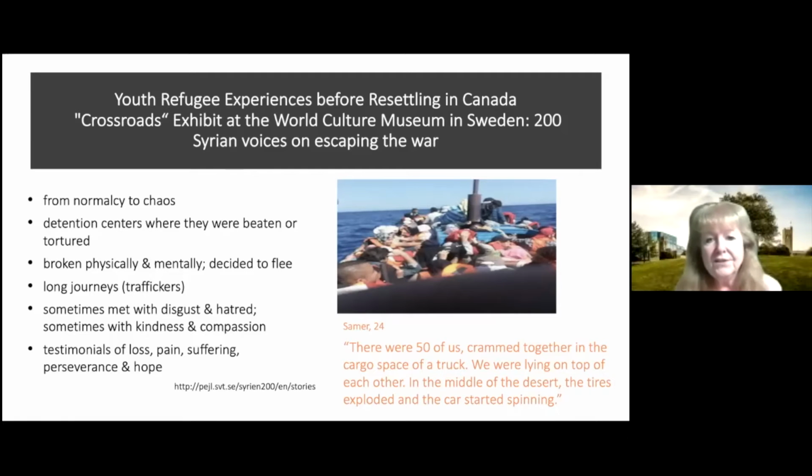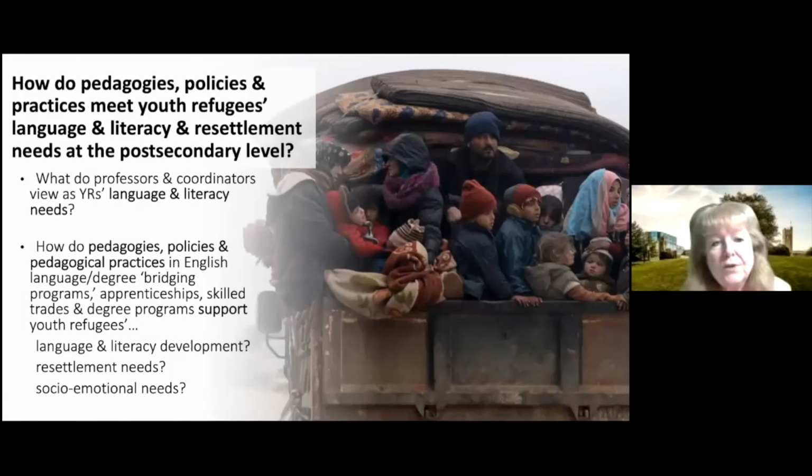And on the next slide, the focus of our study is on how pedagogies, policies, and practices meet youth refugees' language and literacy and resettlement needs at the post-secondary level. So phase one of the study looks at what professors and disciplinary coordinators view as youth refugees' language and literacy needs, and also pedagogies, policies, and pedagogical practices.